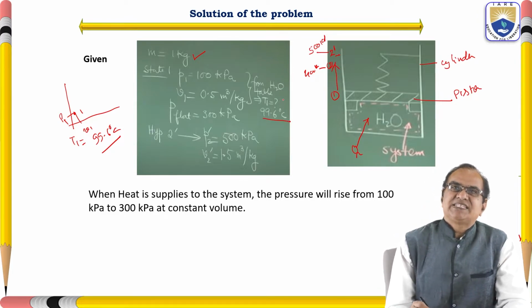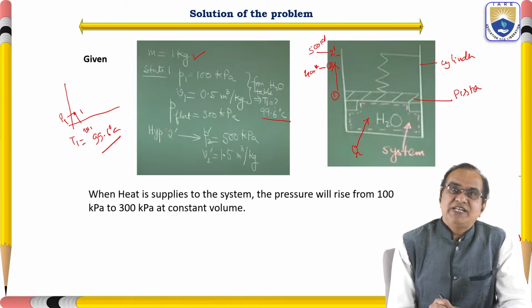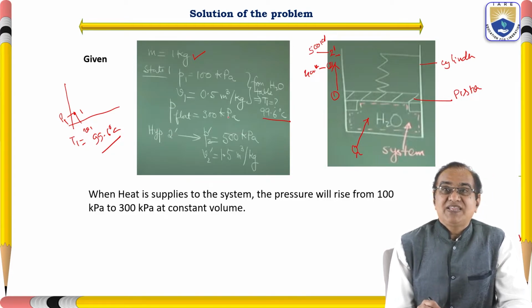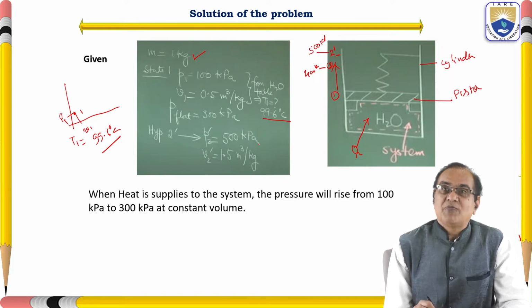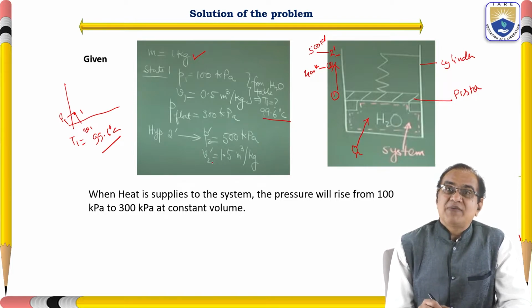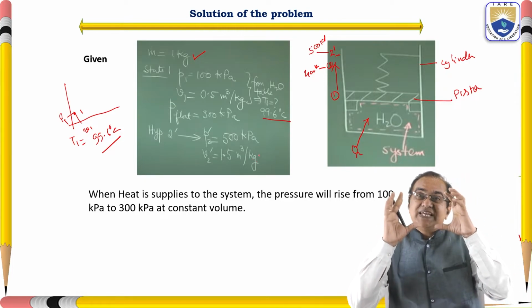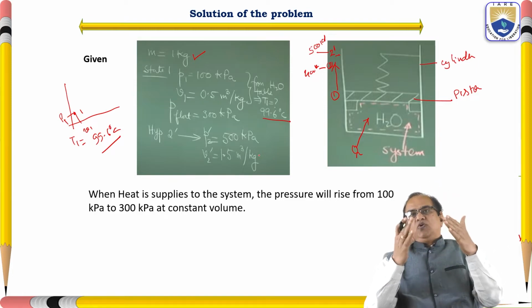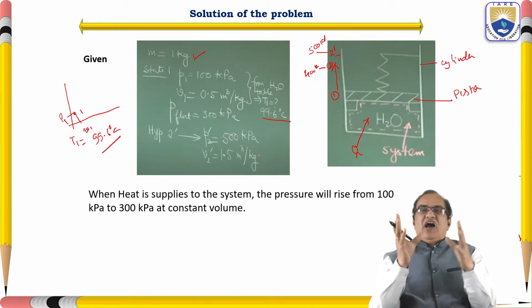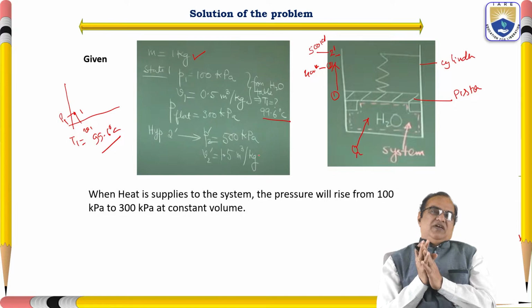Next thing, it is given as a hypothetical point 2 prime, and it is given that it is 500 kilopascal and the V2 prime is 1.5 meter cube per kg. This is actually a hypothetical case to give a direction to our work.